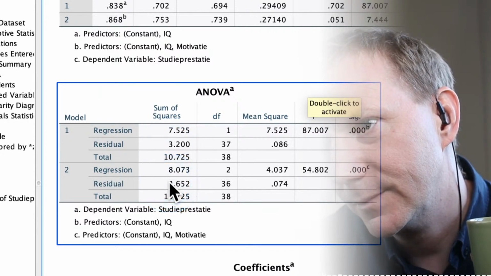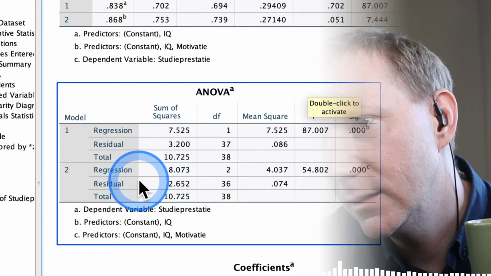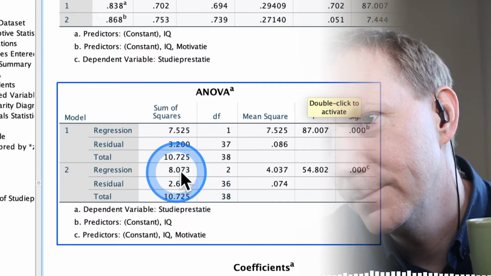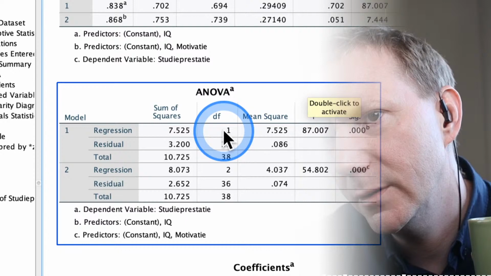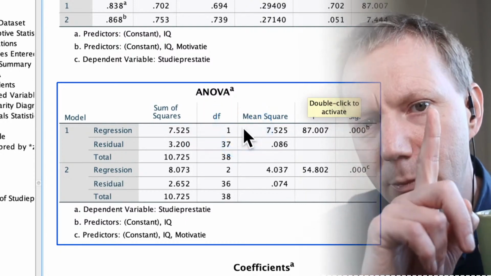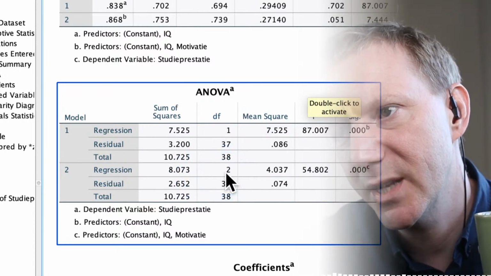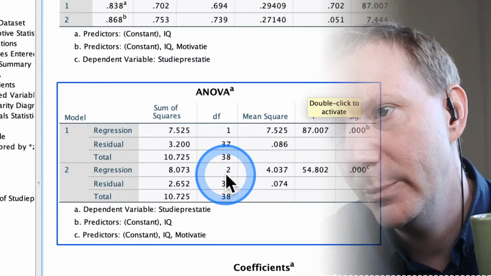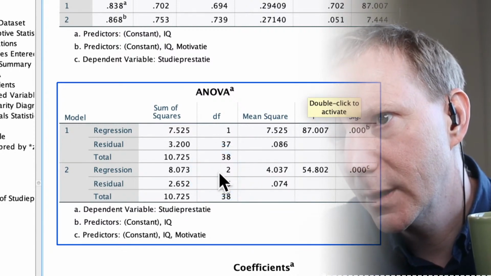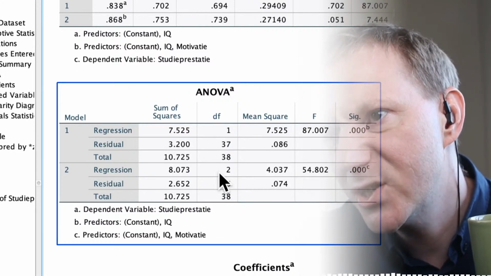Yeah. But how could the F value then be lower than in the first one? You have to divide by the degrees of freedom, and so here you have your degrees of freedom for the first model, because it only has one predictor, and in the second one you have 2 degrees of freedom because it has 2 predictors, and that impacts the mean squares.